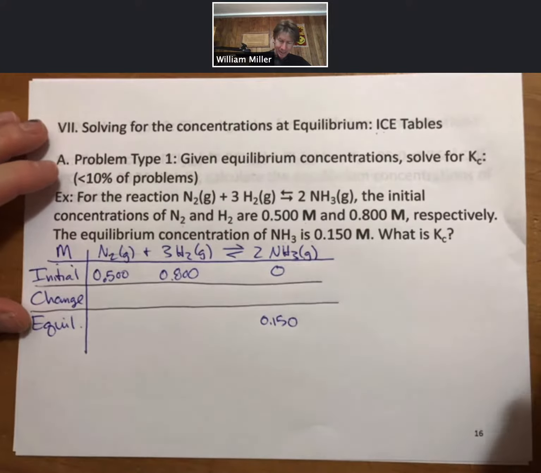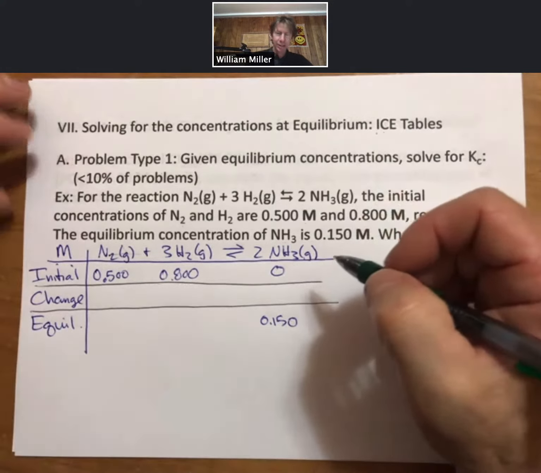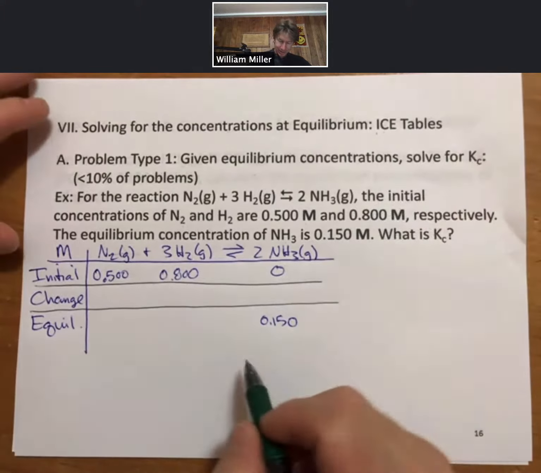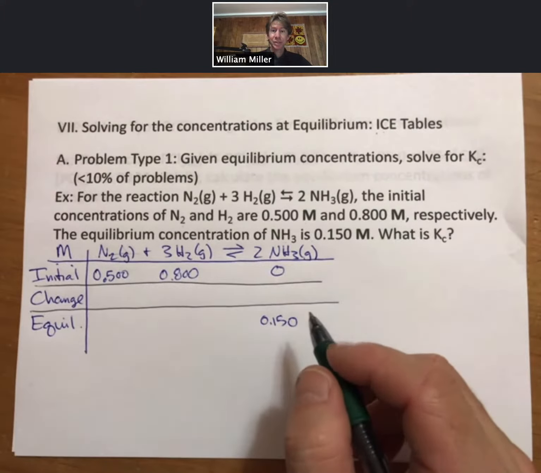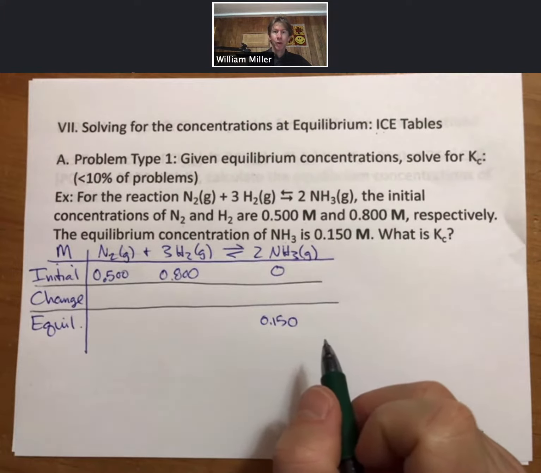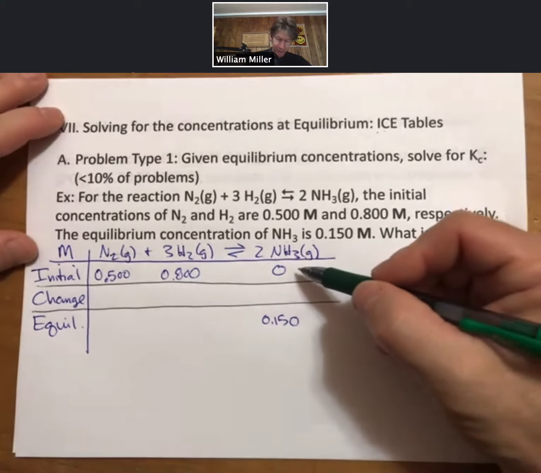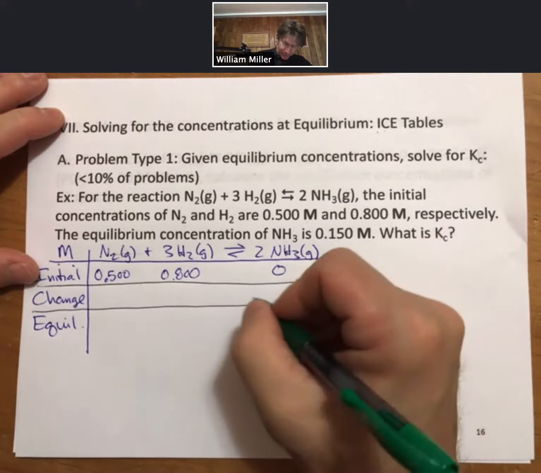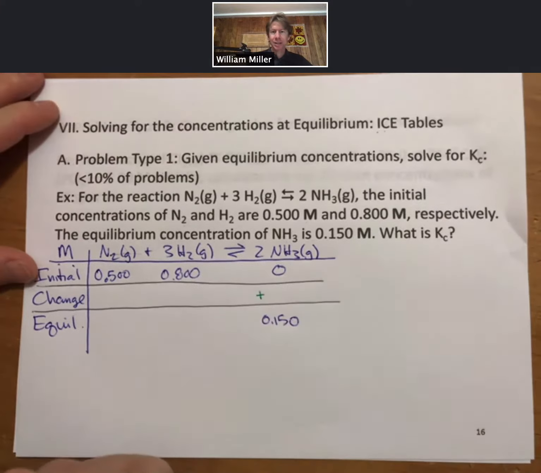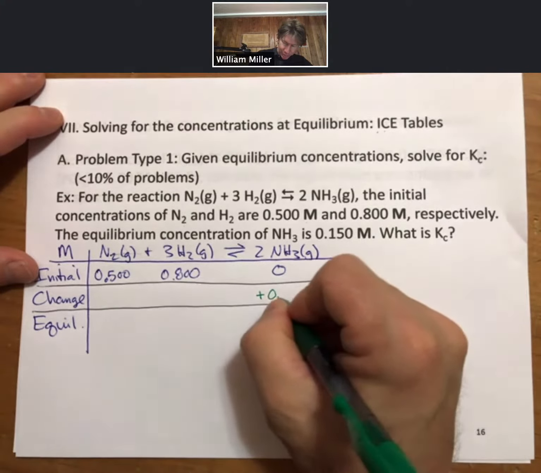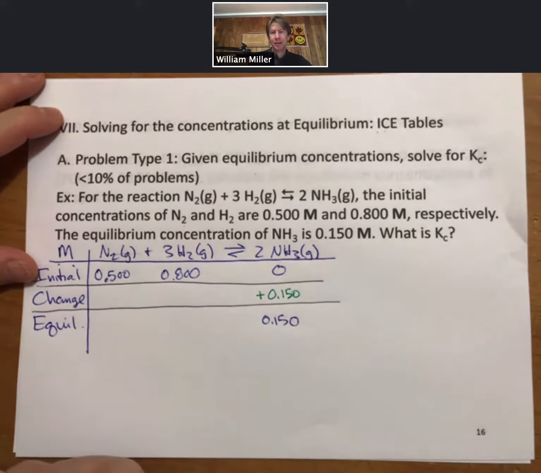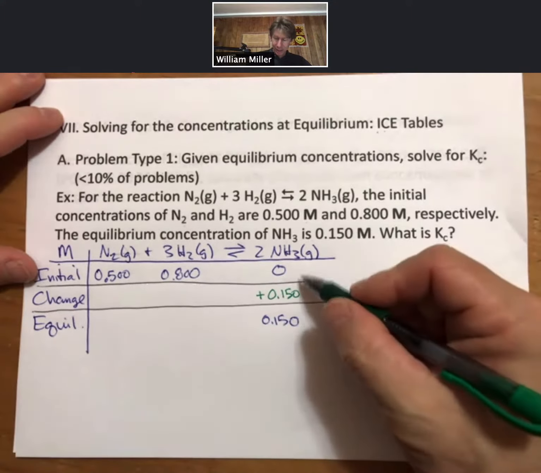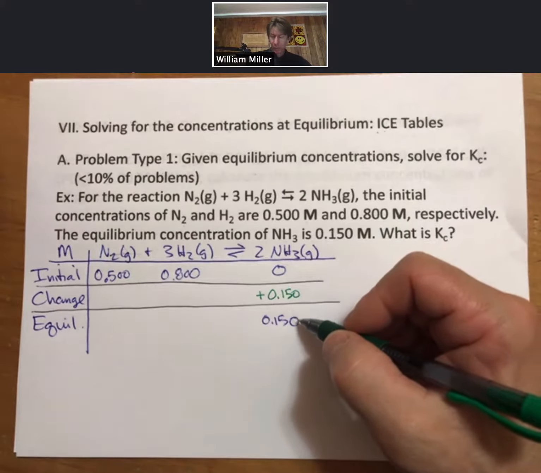Okay, and now the way this works is that that's enough information to complete this table with all numbers. Because you can see if we start with 0 and we end with 0.150, then the change in concentration must have been plus 0.150 molarity. That's just making the math work.